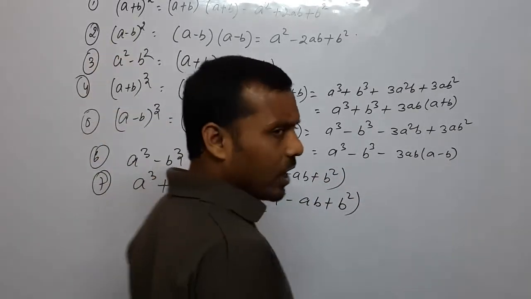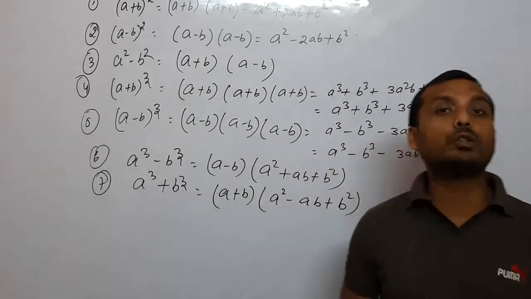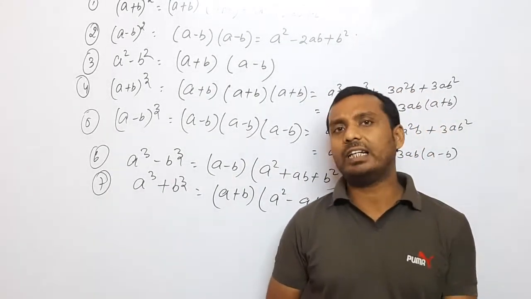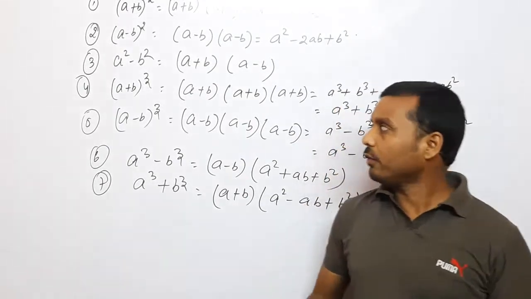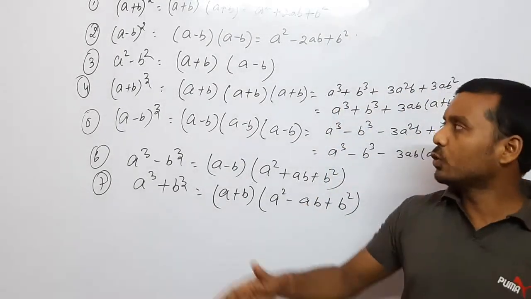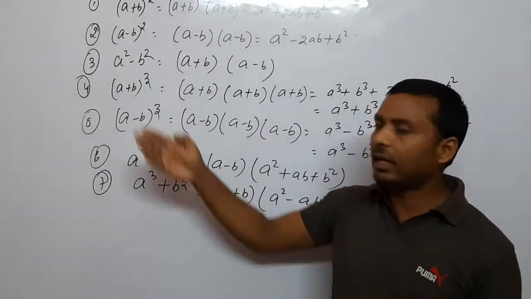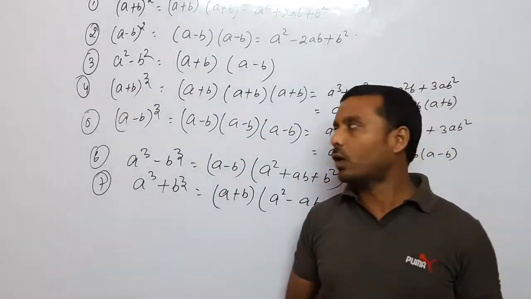So these are the formulas that are widely used for solving the textbook exercises, whatever questions we have in our textbook. We can solve factorization using these formulas, and wherever applicable, we will apply them according to the question.